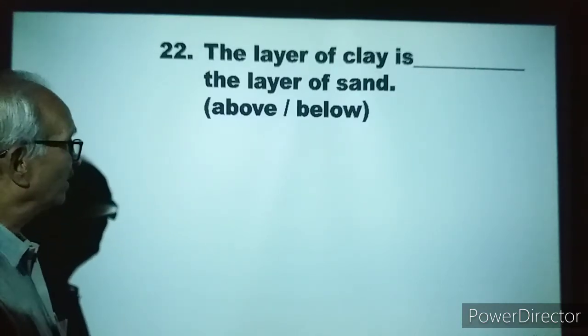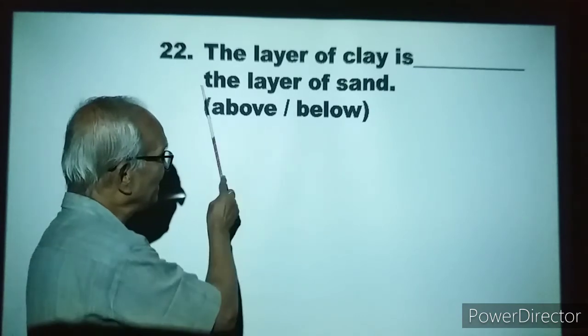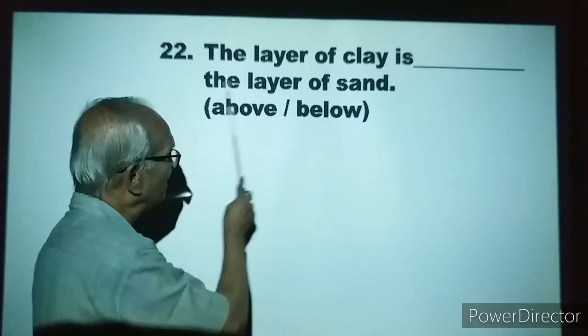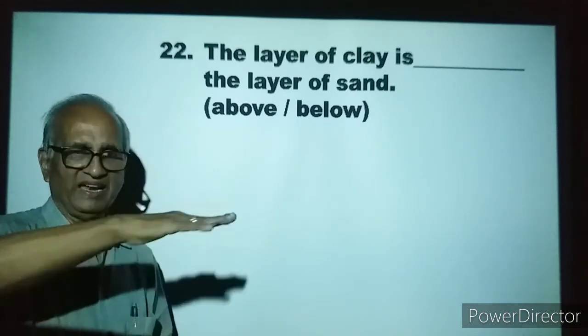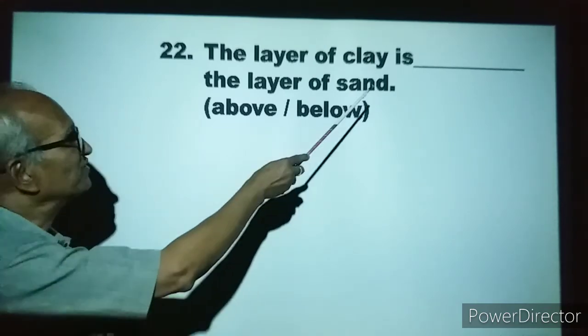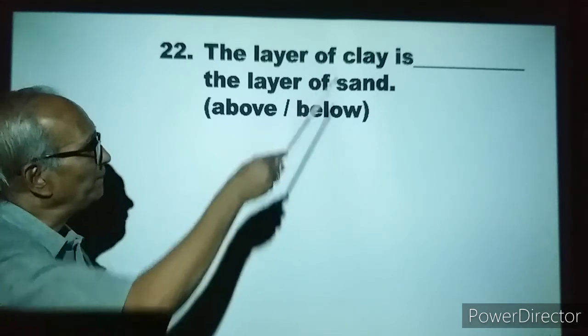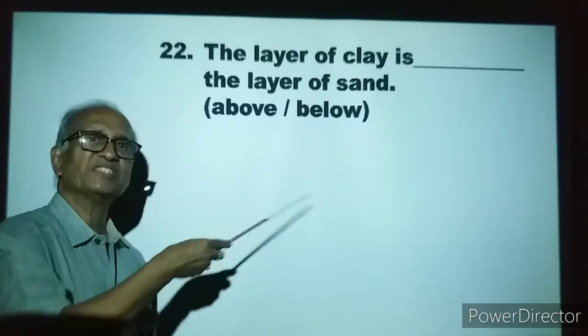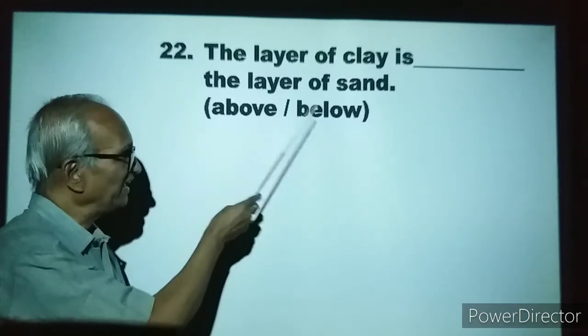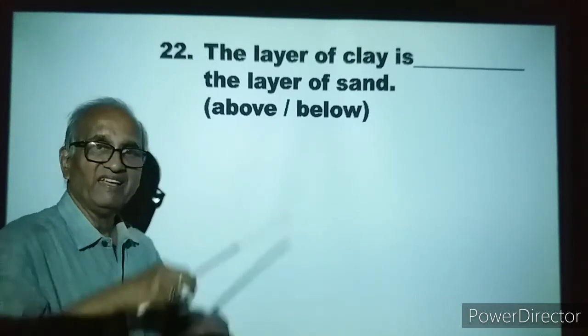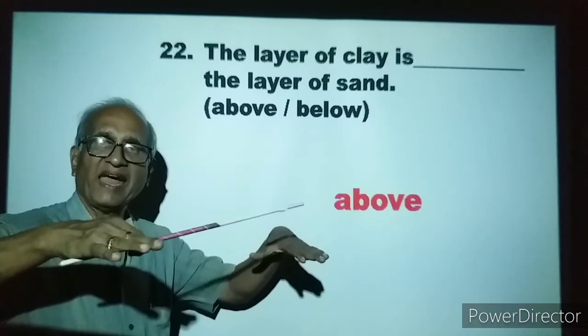Last question. The layer of clay is dash the layer of sand. You have to say whether the clay is below sand or above sand. Above, below. The layer of clay is certainly above the layer of sand.